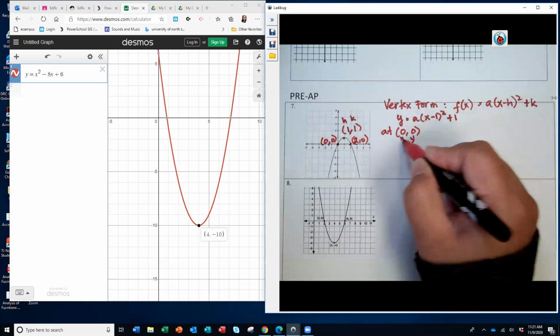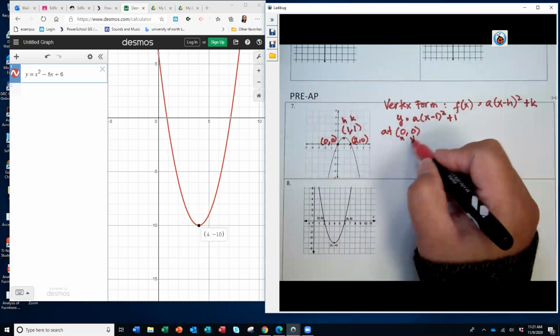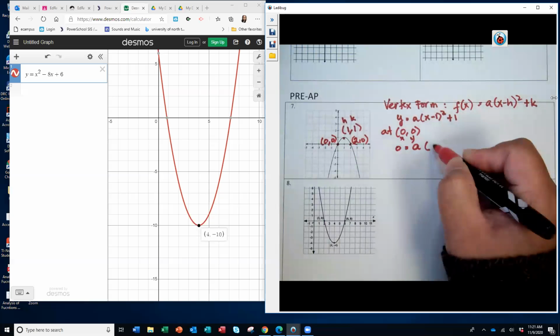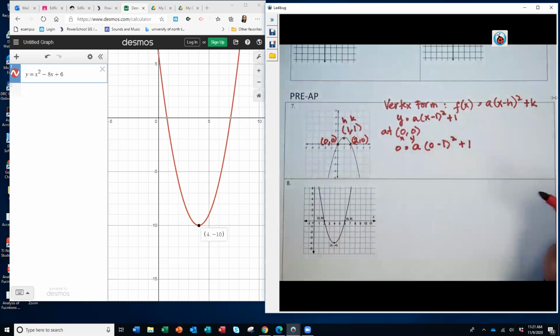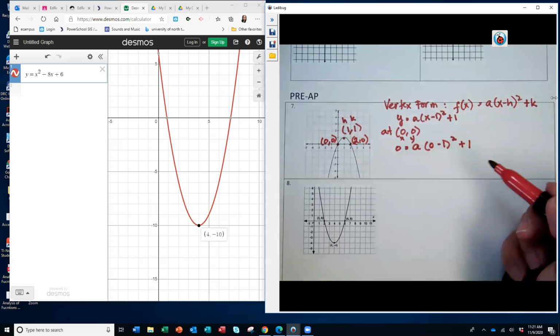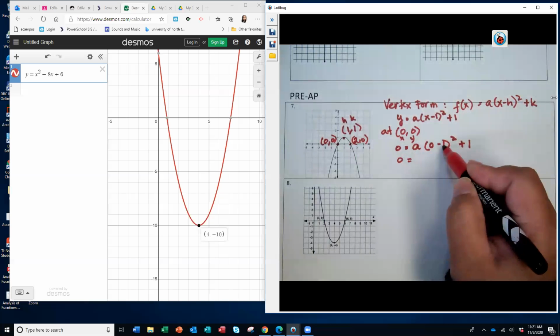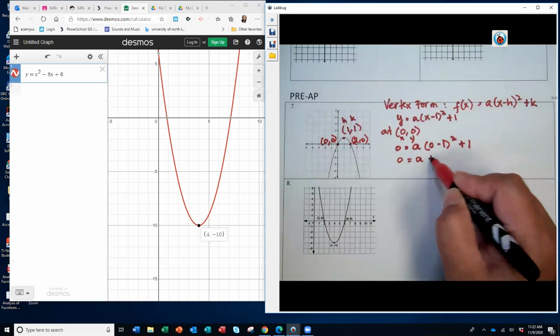So this x and y goes in this spot of the equation that I have. So I will have 0 equals a times (0 minus 1) squared plus 1. Now I'm going to solve for a. 0 is equal to -1 times -1 is +1 times a is really just a. Then plus 1.